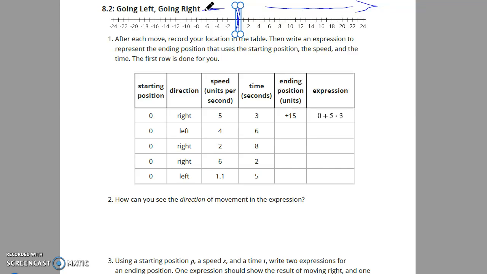So we have to remember it's going left, so it's negative 4 times 6. 4 times 6 is 24, but it would be negative 24, so it'd be 0 minus 4 times 6. Now complete it for the rest of the table, I should say, not next.